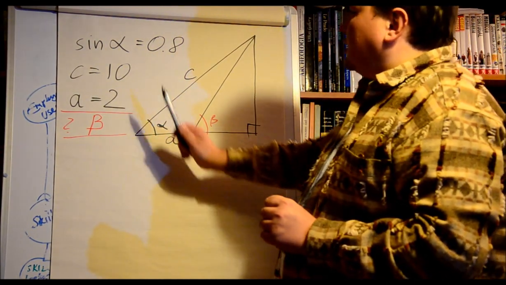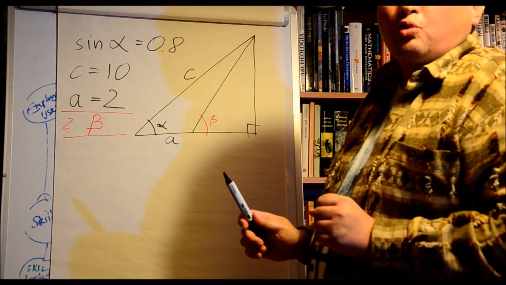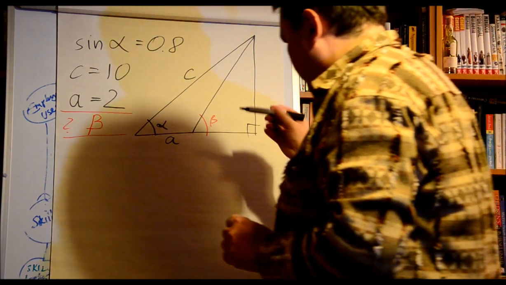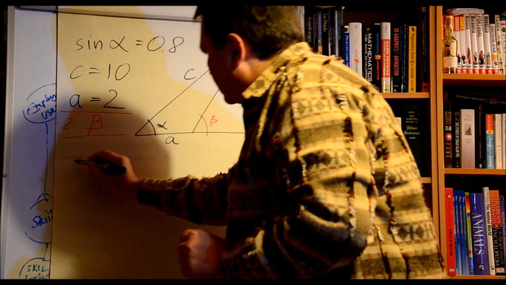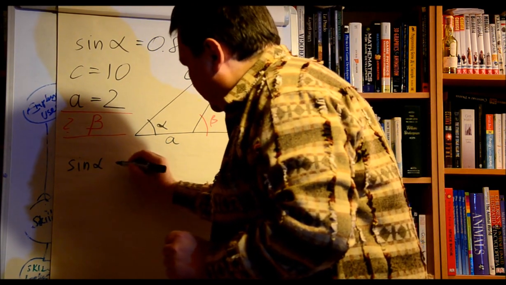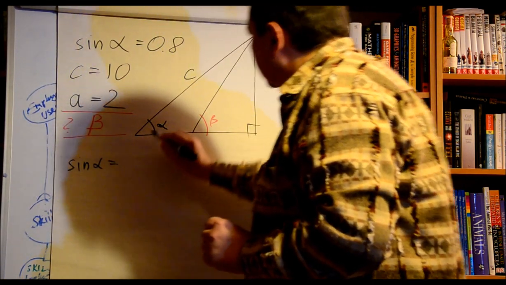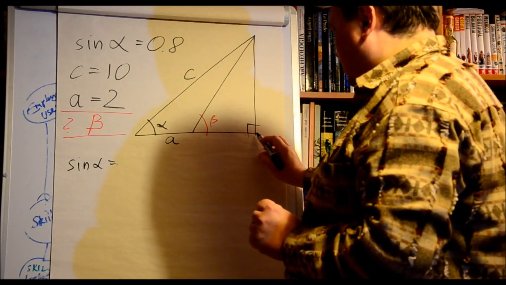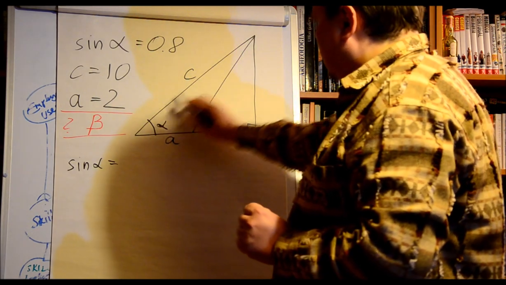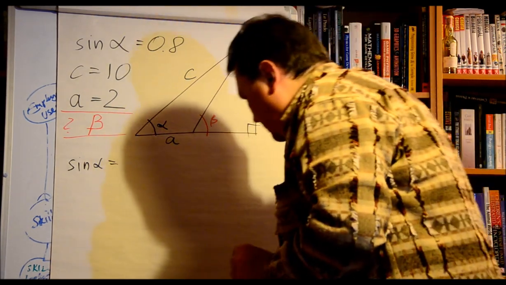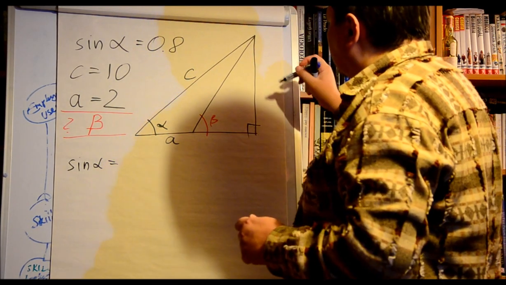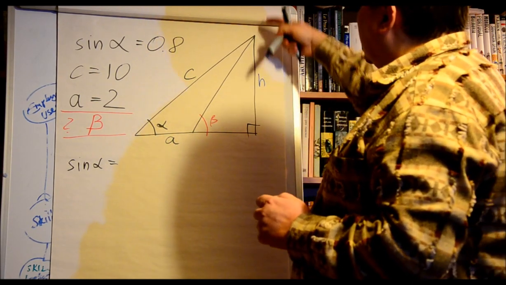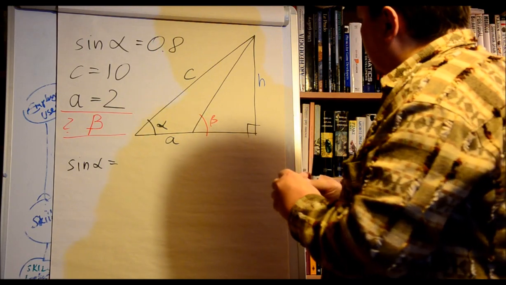Alright, so let's start with what we can find from sine alpha. Sine alpha equals, okay, this edge divided by this edge c. So we need to introduce a new symbol here. I will call it h because this is actually also the height of these triangles here.